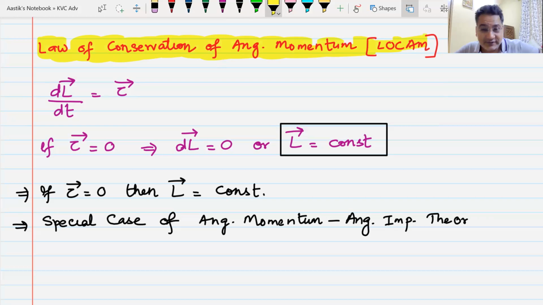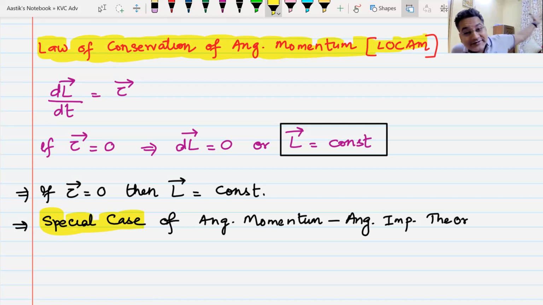That this is known as the daughter theorem. This is daughter because it is a special case of mother. It cannot be as good as the mother, but it is quite good. So this is the daughter theorem. Then what is the mother theorem? Angular impulse, angular momentum theorem.